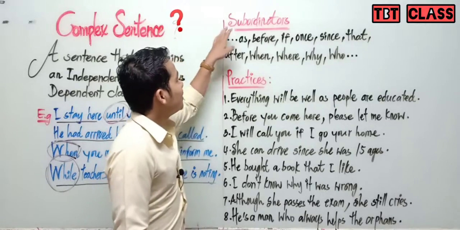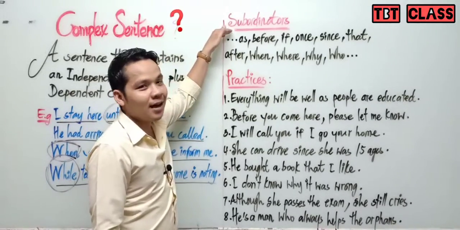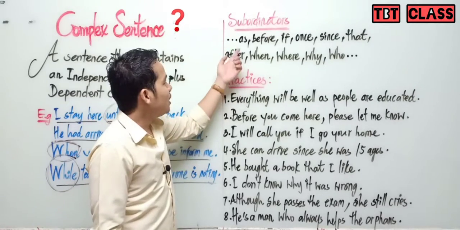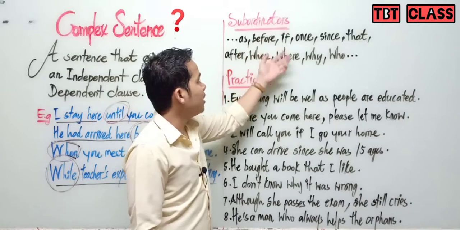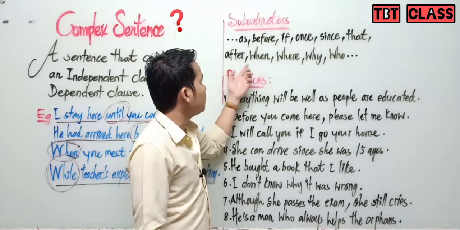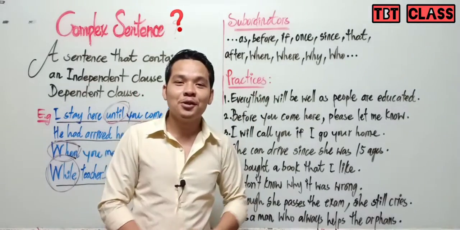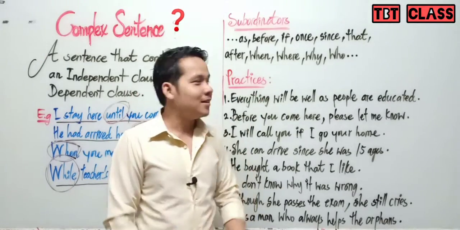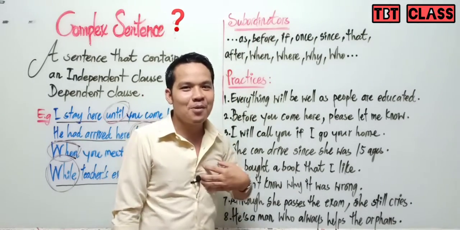One more thing, this is a very important part that I want you to know. Just as examples: as, before, if, once, since, that, after, when, where, why, who. All of these we call subordinating conjunctions, or subordinators. They are very important because they let us know a complex sentence.